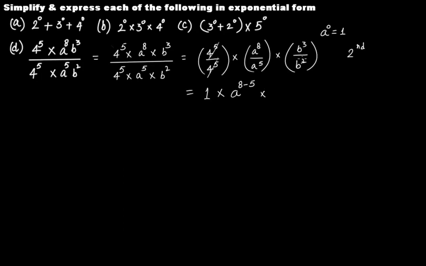Then b to the 3rd power divided by b to the 2nd power: again these have the same base b, so this becomes b with exponent 3 minus 2, using the second law of exponents.